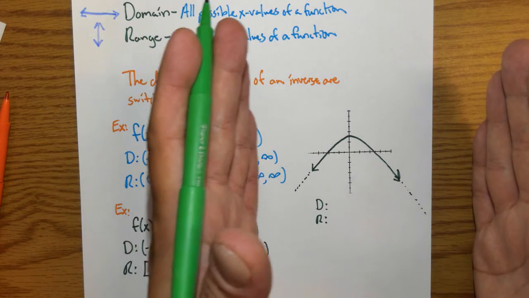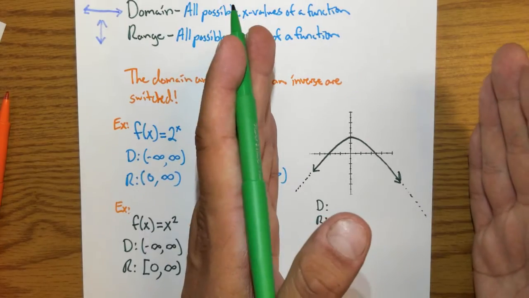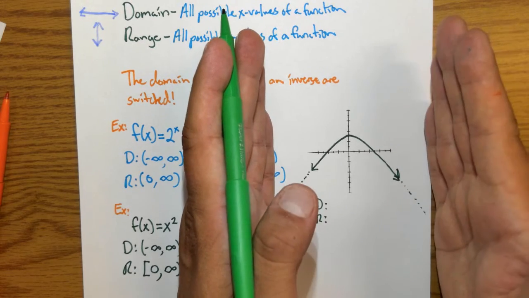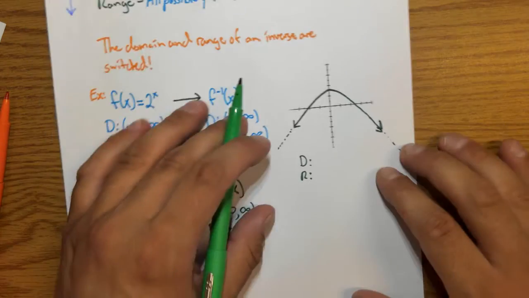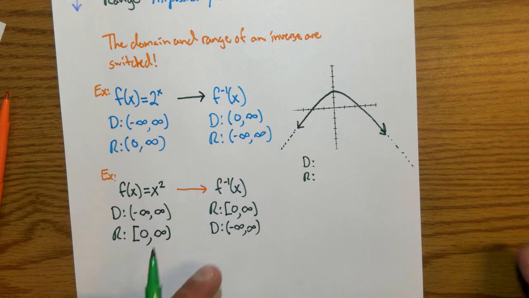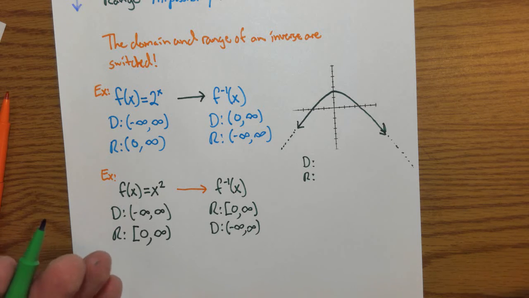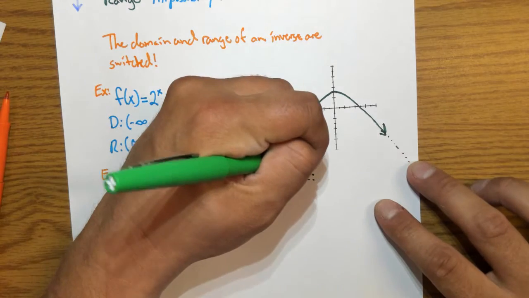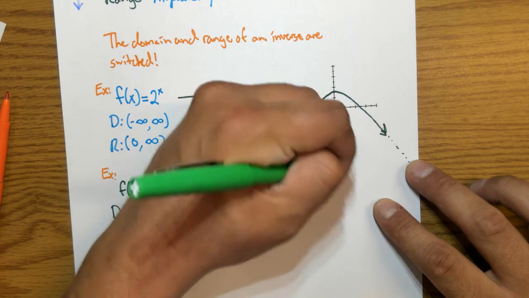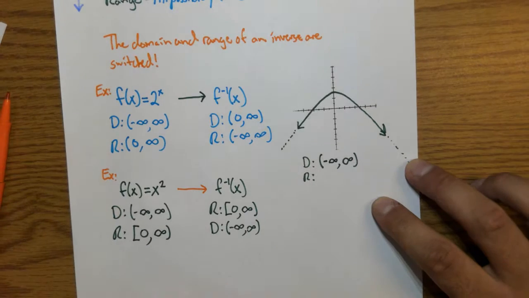Where on the left can I say this function will never reach this spot, and on the right this function will never reach this spot? Well, knowing that this goes out and down forever, there's no place that I can bound it going left or right that I can say with certainty that it won't exist at this spot. So the domain here is from negative infinity to positive infinity.